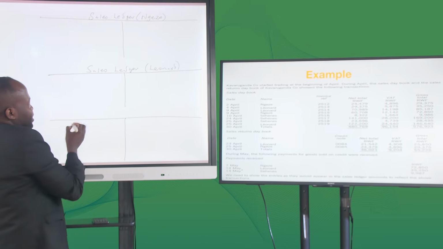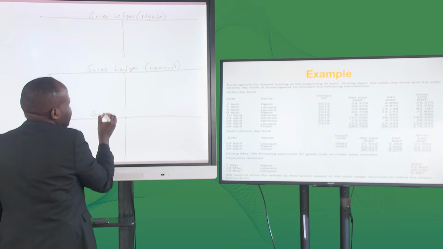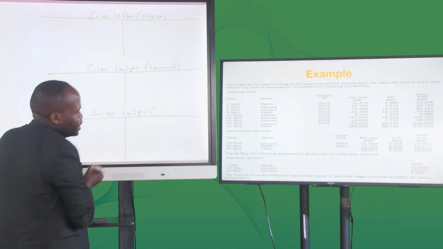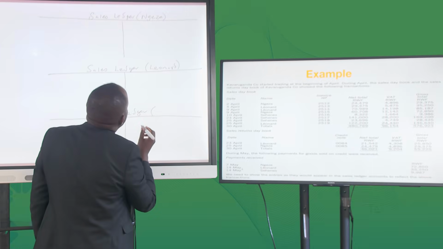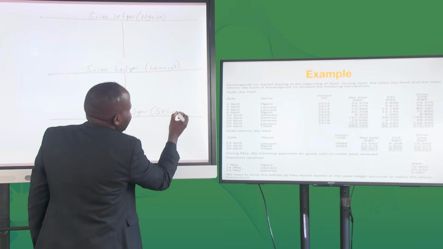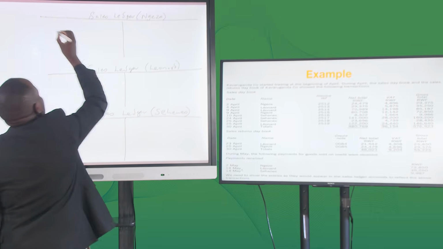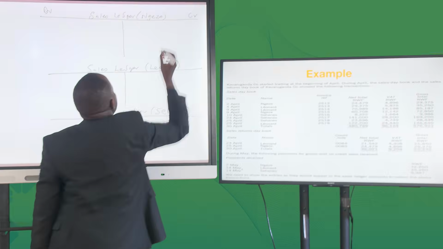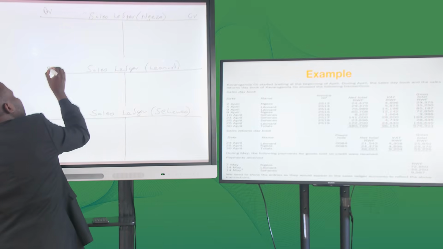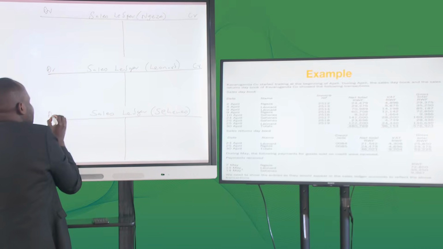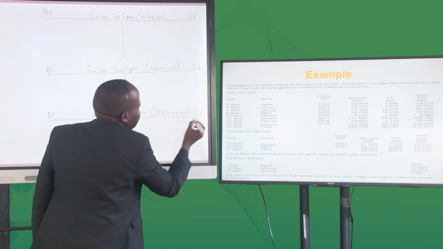And there is the last sales ledger of a client known as Sehenes. So in a ledger, there is the debit and there is the credit. We have debit and we have credit. There is a debit and there is a credit.